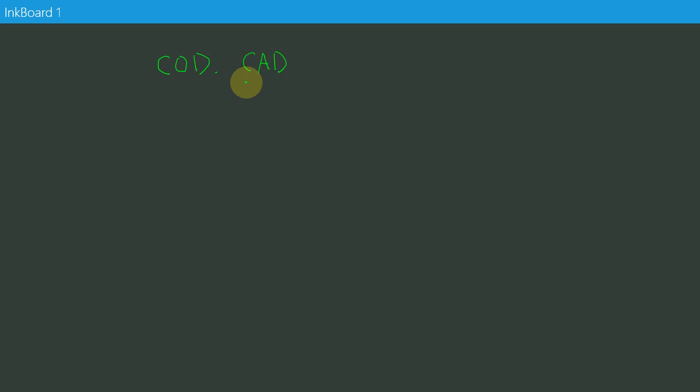CAD, cash against document. What is the meaning of this?